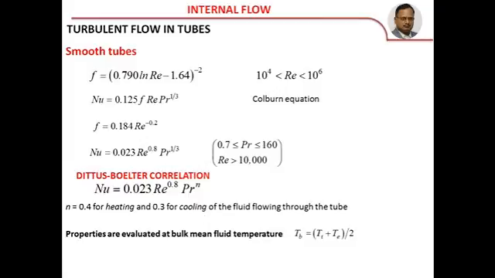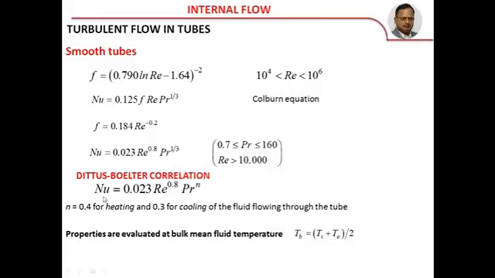And n you have to take 0.4 if the fluid is getting heated up, and you have to consider n equal to 0.3 if the flowing fluid is getting cooled. So this is the relation to determine the convective heat transfer coefficient under turbulent condition inside the tubes or pipes.